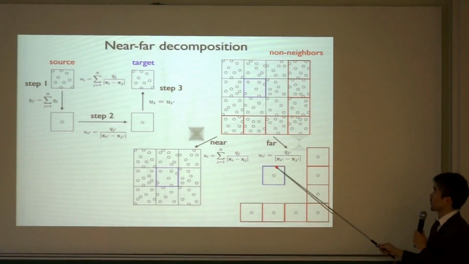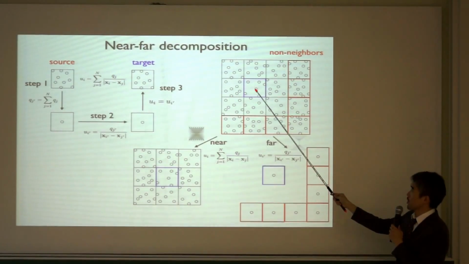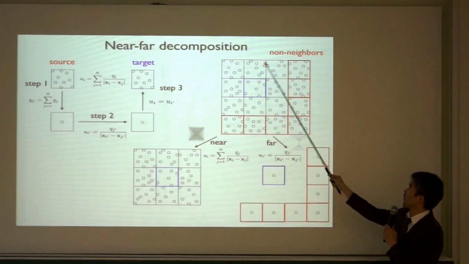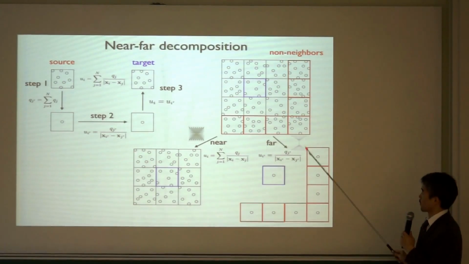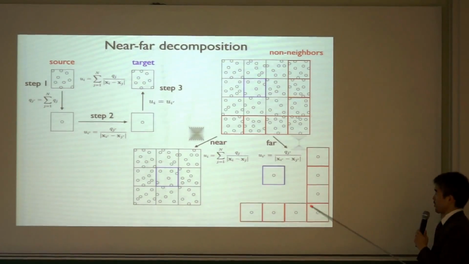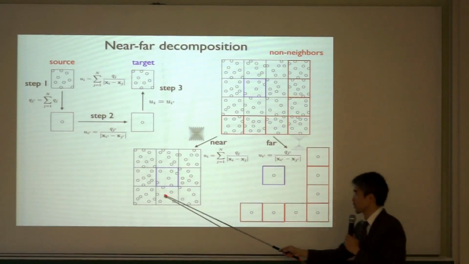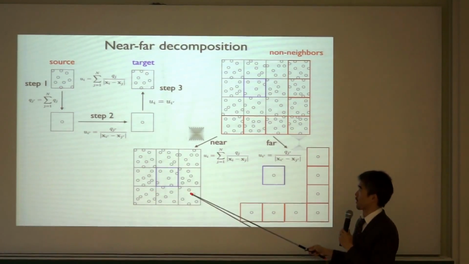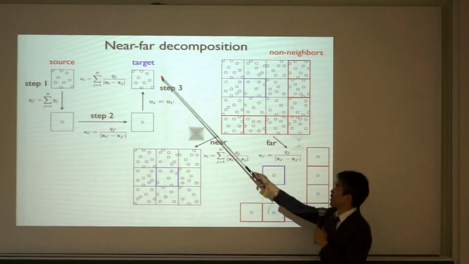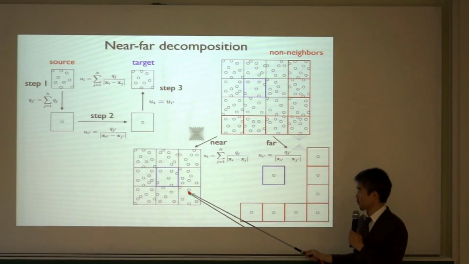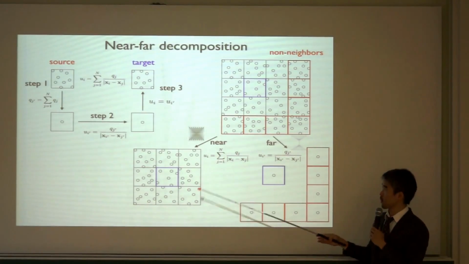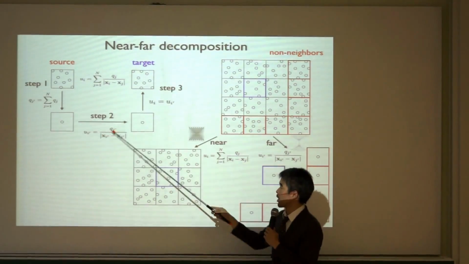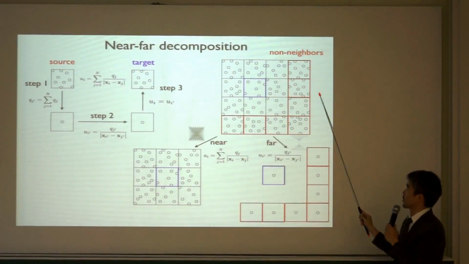This blue box I'm just showing for this one, but you actually need to loop over all the boxes and consider them as the blue box, and then calculate the appropriate red far boxes, and also combine that with the solution of the near boxes. So this is step 2, near far decomposition. In the hands-on session, after we finish this one, we will try to code this.